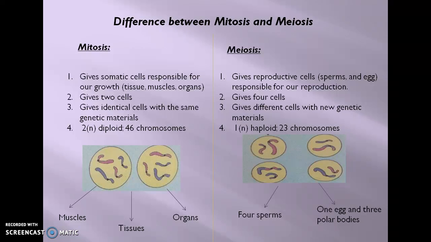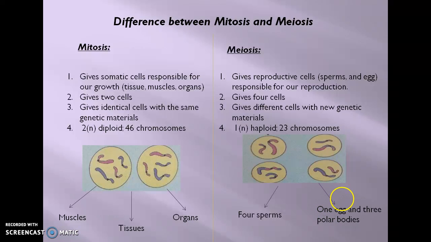They contain different genetic material and they are haploid. That means they contain 23 chromosomes each. In a male, the 4 cells formed are 4 sperms. In the female she will form 1 egg and 3 polar bodies. The polar bodies are not important at all, but the egg is important for fertilization.